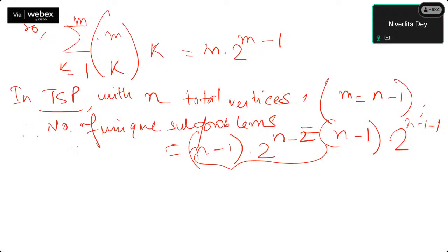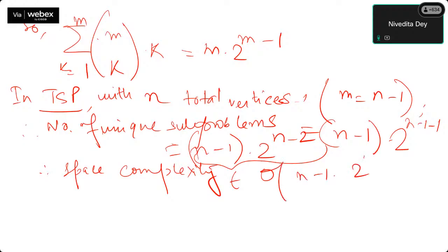Now, therefore, the space complexity will be order of (n minus 1) into 2 to the power n minus 2, which is nothing but order of n into 2 power n.